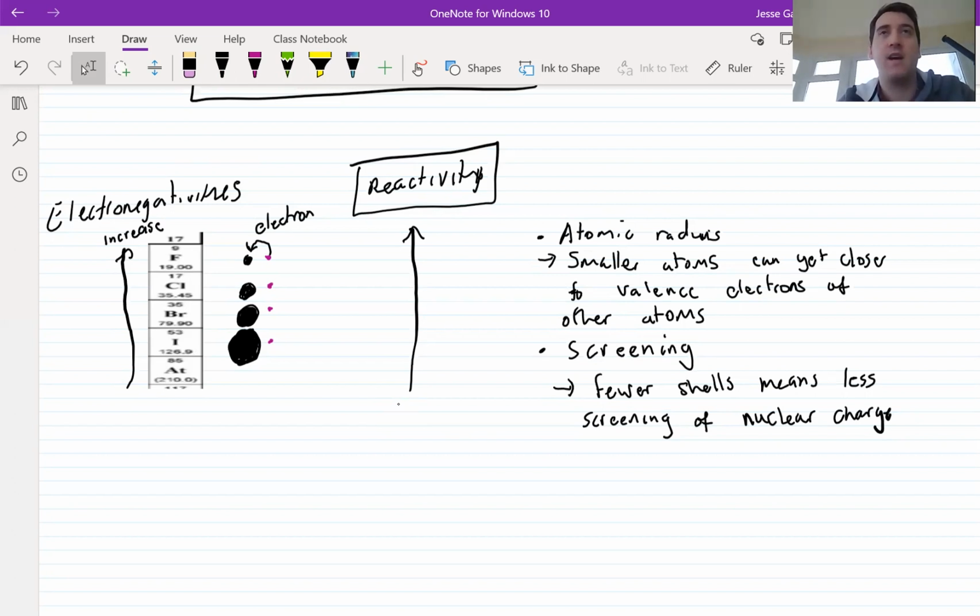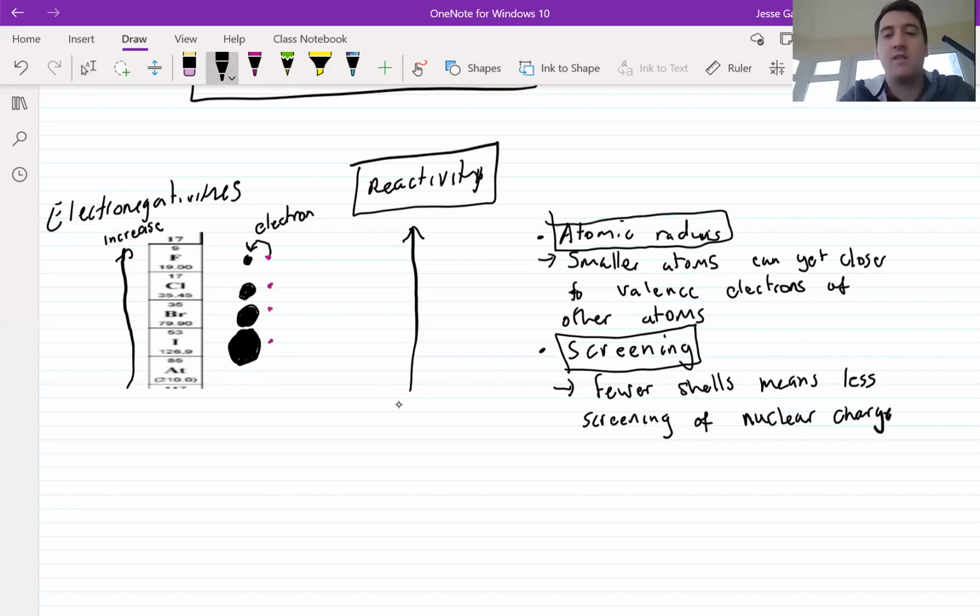So fluorine has one fewer shell of electrons to screen out the nuclear pull on other electrons. Okay, so these are the two factors, screening and the atomic radius. These are the factors that affect the reactivity of group 7.